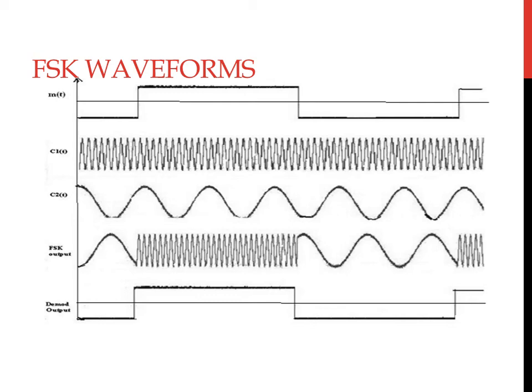So during the positive half cycle, we obtained the frequency of the signal to be the same as 20 kilohertz, whereas during the negative half cycle we obtained a frequency of 2 kilohertz, which is very much evident in this particular waveform.